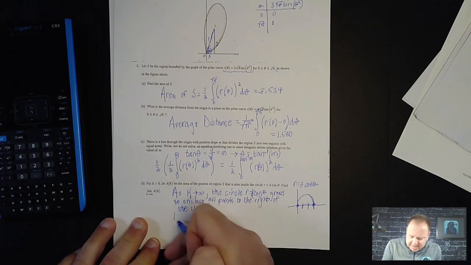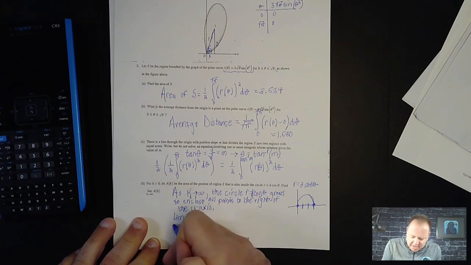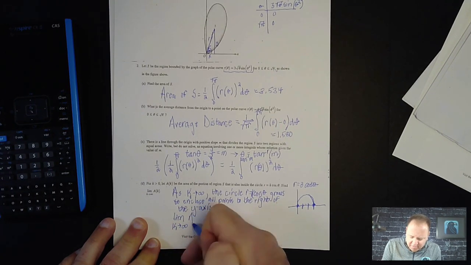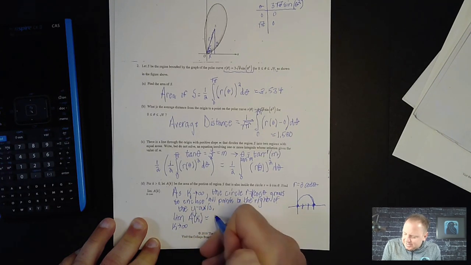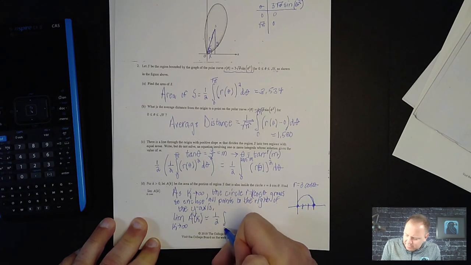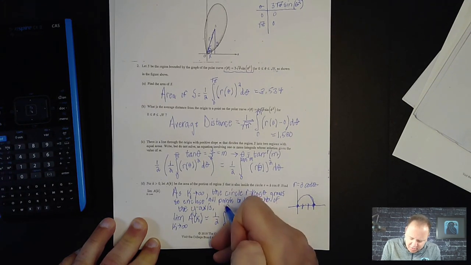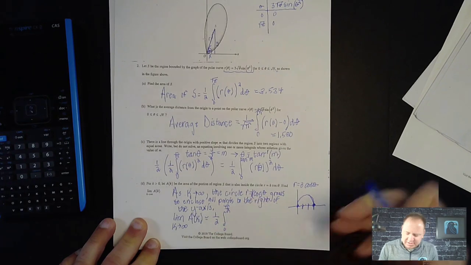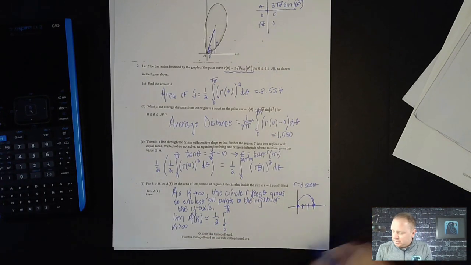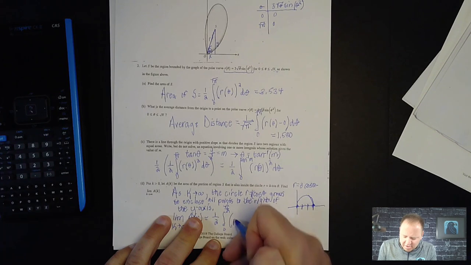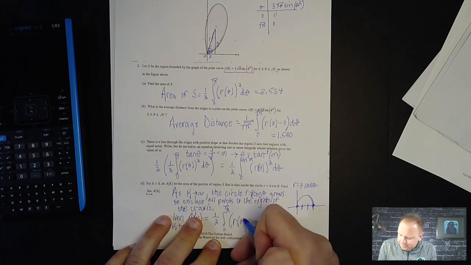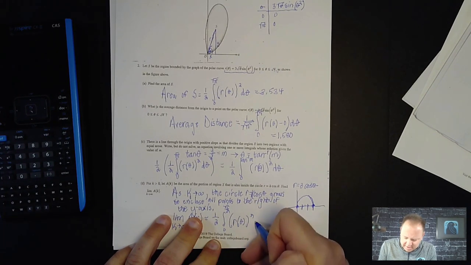So by explaining that, the limit as k approaches infinity for that area of that enclosure just has to be 1/2 the integral from 0 to pi over 2, because we got to understand how that one's built, of the r of theta quantity squared d theta.